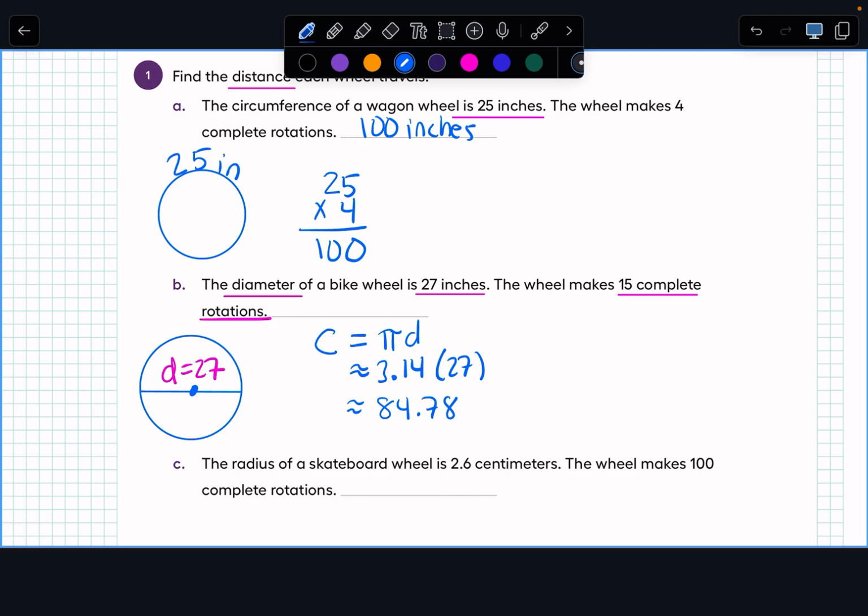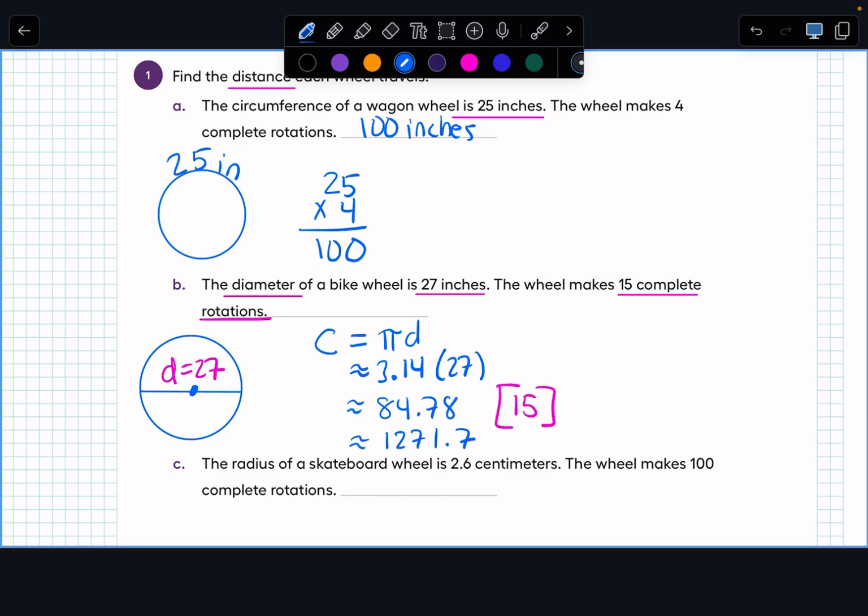Now, because it makes 15 complete rotations, remember that if it goes 1 time, it's about 84.78, and then a second one, another 84.78, another 84.78, etc. So we need to do 84.78 times 15 for the 15 rotations, and that would give us about 1,271.7.